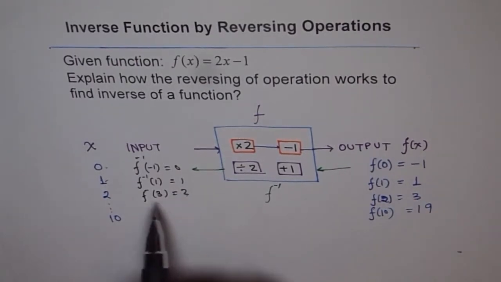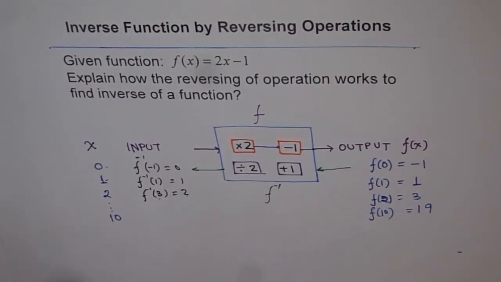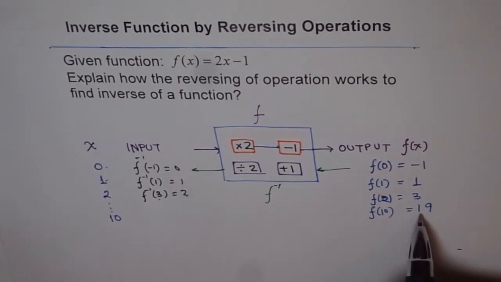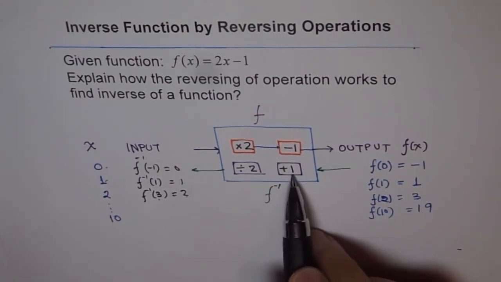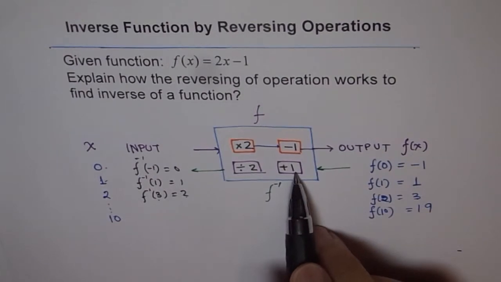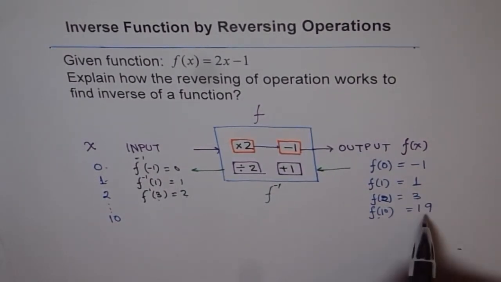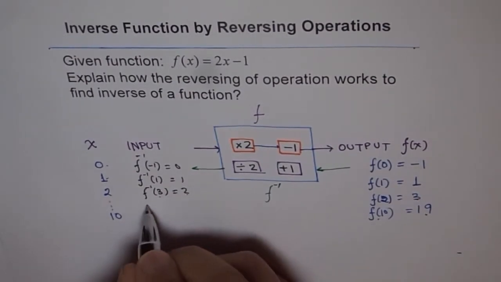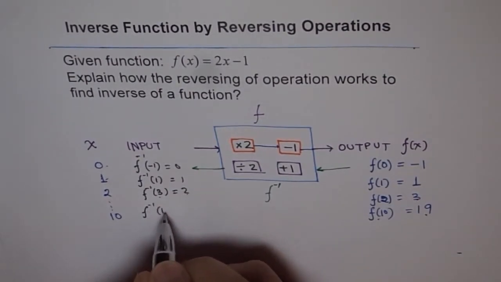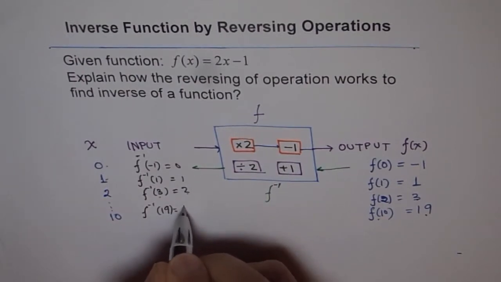And the output is 2. So f inverse of 3 is 2. Let's plug in 19 this time. So if I plug in 19, 19 plus 1 is 20. And 20 divided by 2 is 10. So we'll write this as f inverse of 19 is equal to 10.